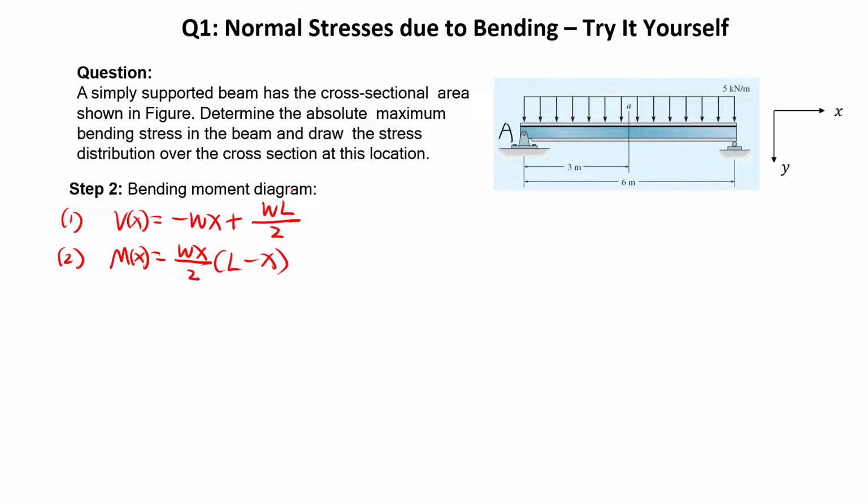Here I just show you directly, because you can imagine Vx is a linear equation, so you can simply try two values. When x equals 0, Vx will equal wL over 2, and Mx will equal 0. And when x equals the center, 3 meters, you get another value.